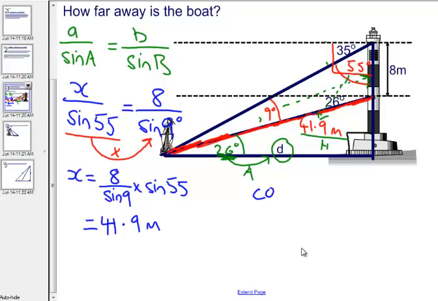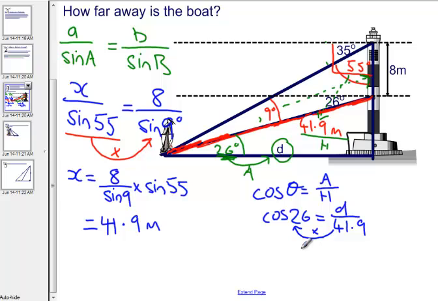So we end up with cos of the angle equals a over h. Filling in the information we've got: cos of 26 is equal to our missing side length d over 41.9. Taking our 41.9 over to the other side by multiplying, that leaves us with d is equal to 41.9 multiplied by cos of 26 degrees.